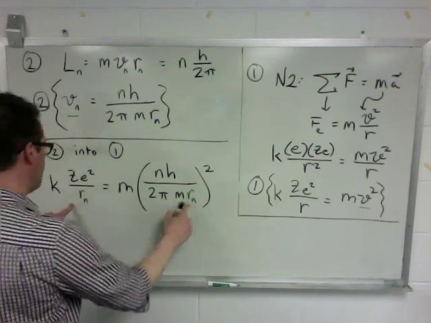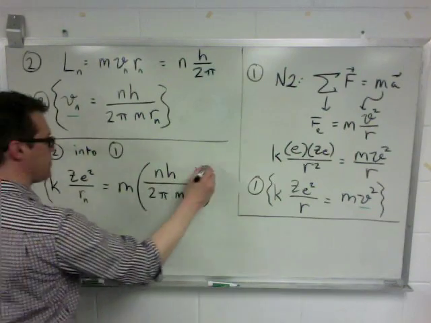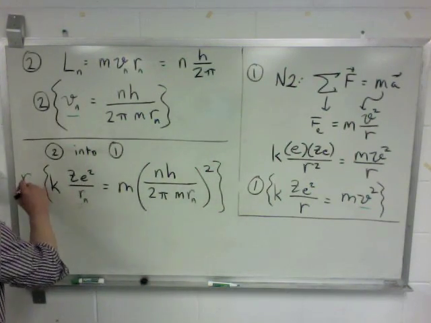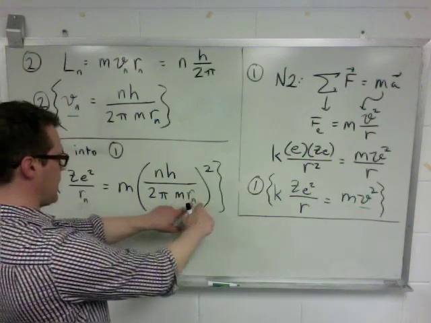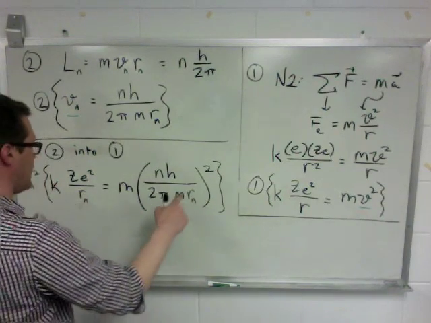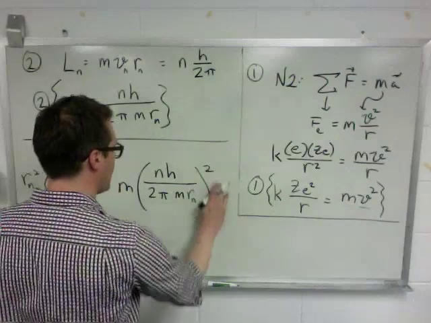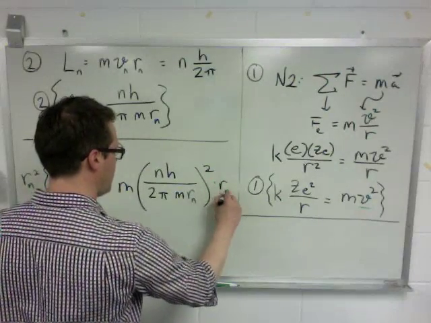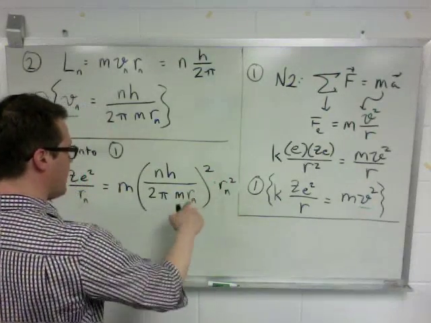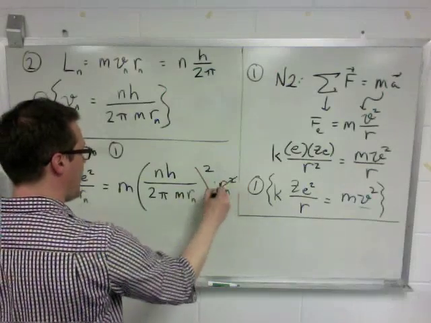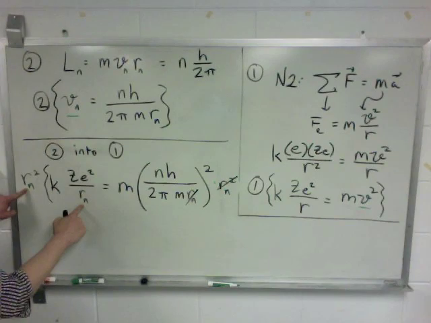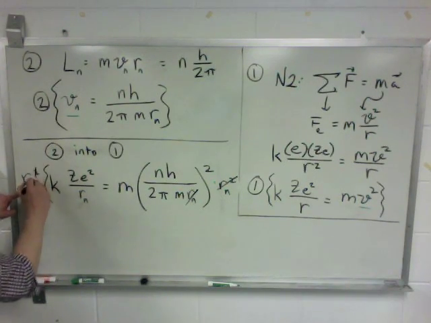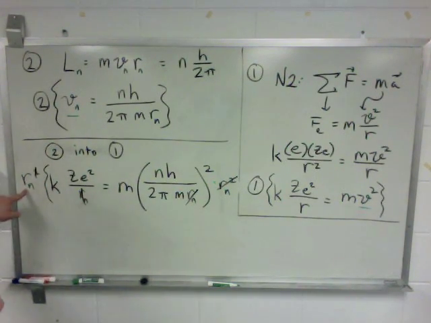If I multiply both sides by r sub n squared, I've got an r squared on the bottom and r squared on top, so these two cancel. I've got an r squared on the bottom over here and an r sub n on top, so r squared over r is just plain old r.